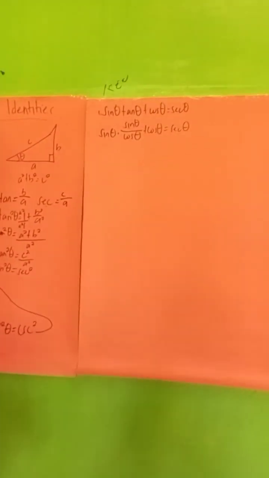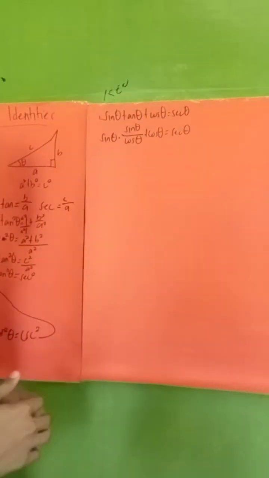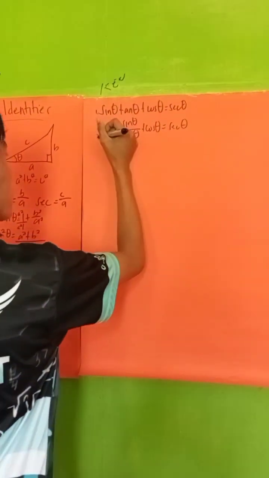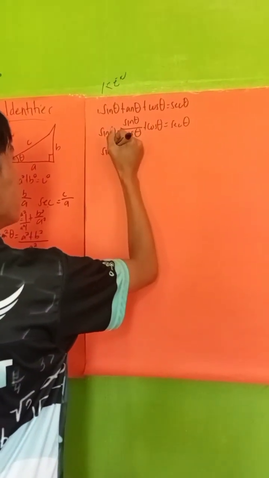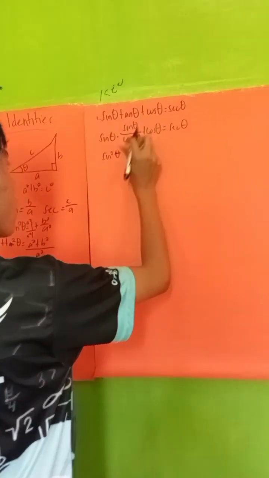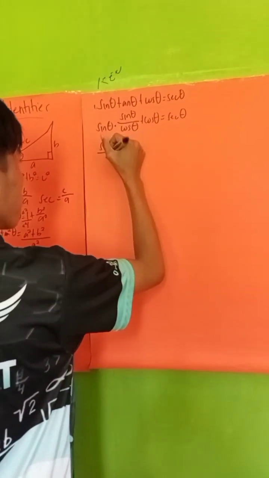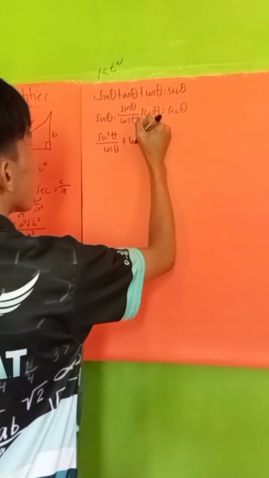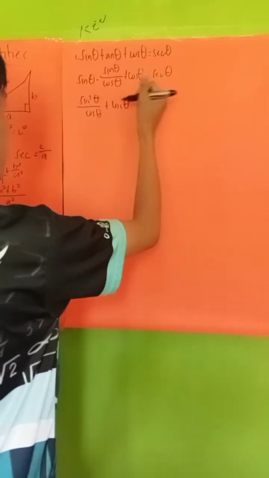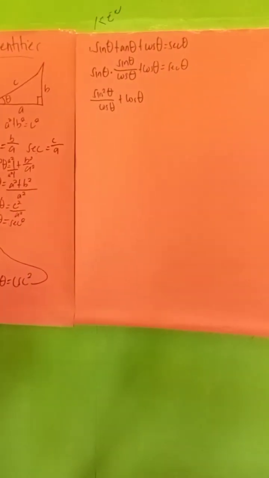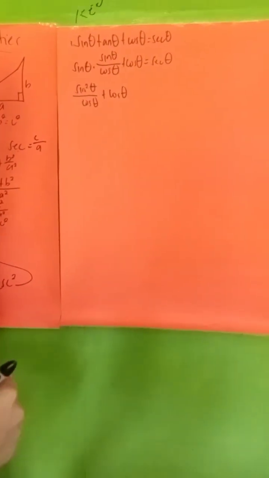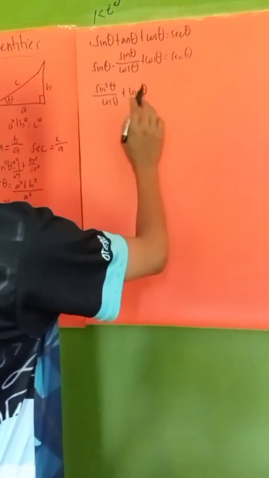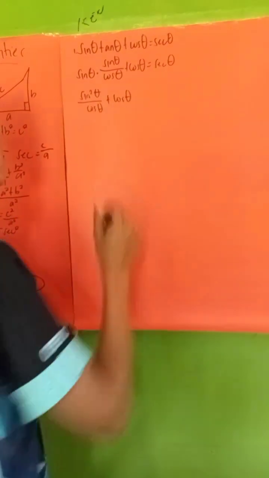Then we multiply sine theta times sine theta, which is sine squared of theta over cos of theta, plus cos of theta. And then we multiply cos theta by cos theta to get cos squared theta.